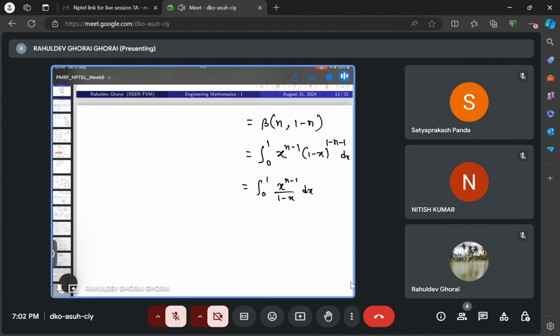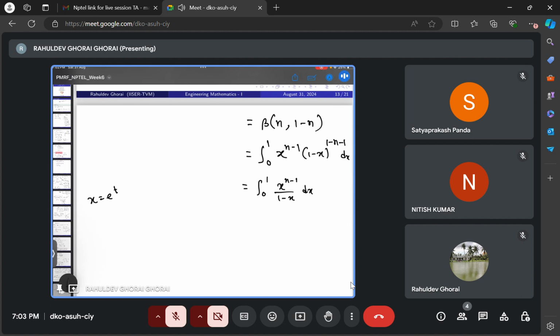Now we take this transformation, because we want to make sure that this looks like a nice integral. For that we take x equal to e to the power t. When x equal to 0, t goes to minus infinity.